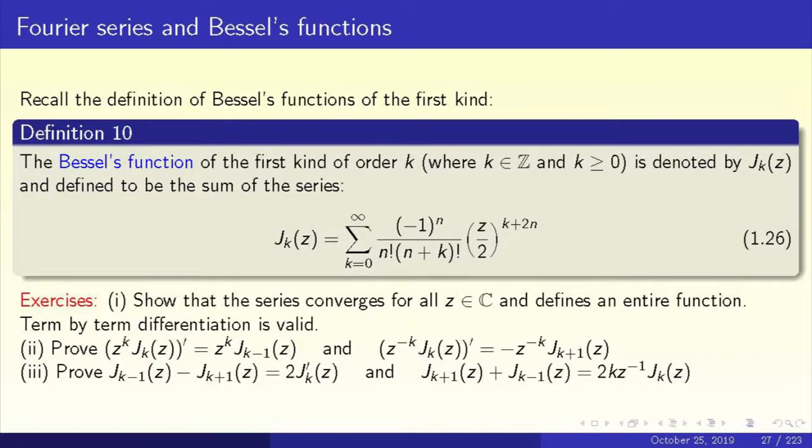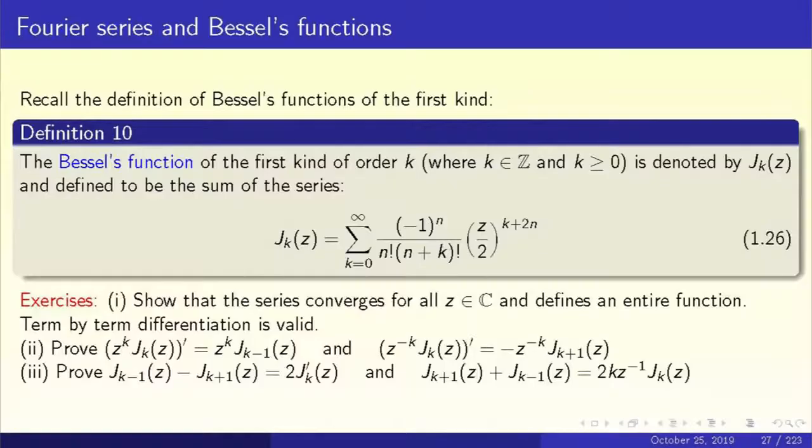So you try these exercises, they are very easy. You simply have to multiply 1.26 by z to the power k, and then differentiate term by term. I shall assume that you will do these exercises and we have these identities. We are going to use the first part of the third exercise. All right.